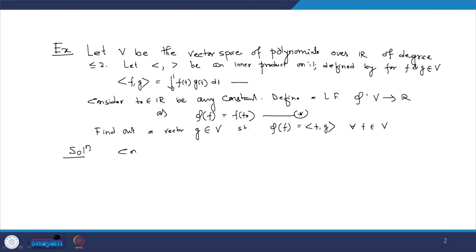Consider the standard ordered basis, say B equal to 1, x, x square. First, we have to obtain from this ordered basis the corresponding orthogonal basis.